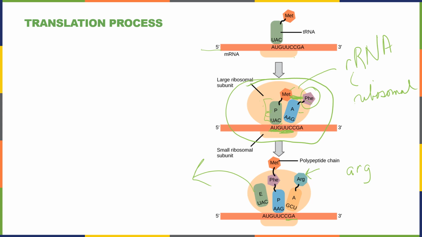And so this is the tRNA for arginine. And it has the matching bases, C to G, G to C, A to U. It brings arginine. That's going to now hook on to phenylalanine. Then that'll shift down again. And you keep doing that until you reach a stop codon. Then when you reach a stop codon, the whole thing kind of falls apart and your protein is done and the process is stopped.